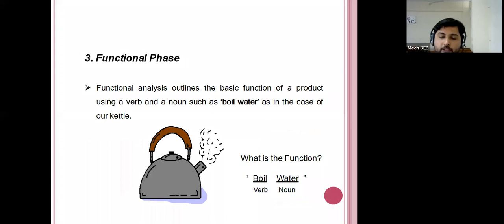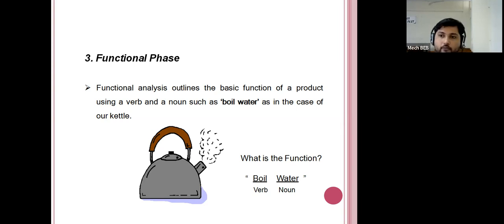So boil will be the functionality of a kettle. So by dividing the phrase into verb and noun, the functionality of that particular product will be analyzed. Functional analysis outlines the basic function of a product using a verb and noun, such as boil water, in the case of a kettle. Okay. So you can understand the difference.